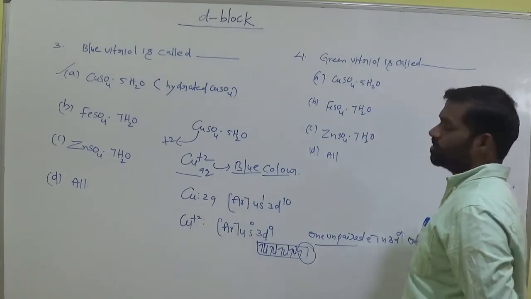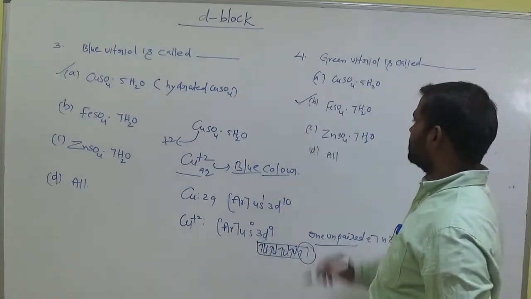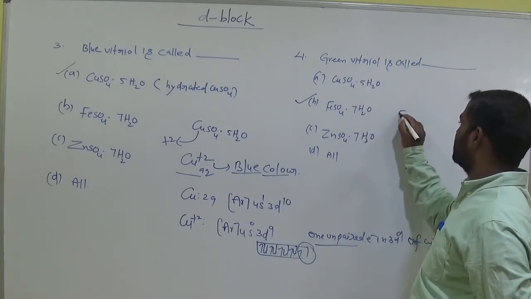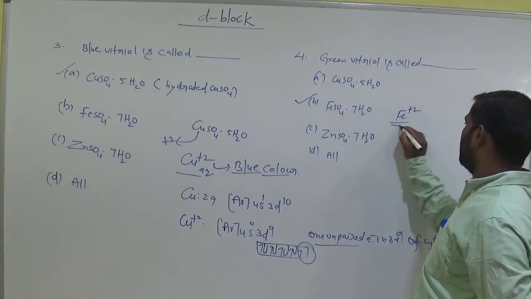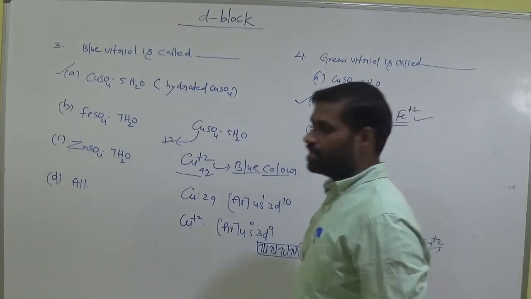So what is green vitriol here? This is the correct answer: ferrous sulfate. Here iron exhibits Fe+2. Fe+2 has unpaired electrons.